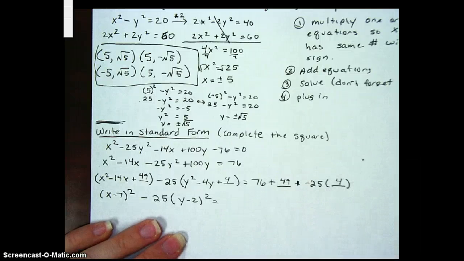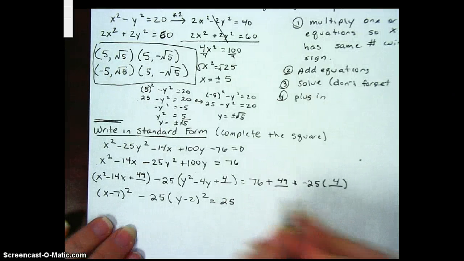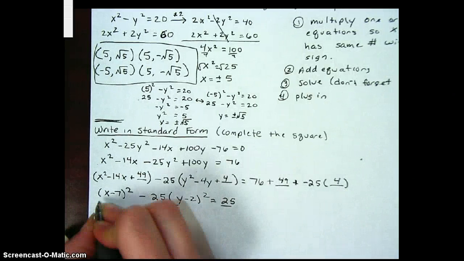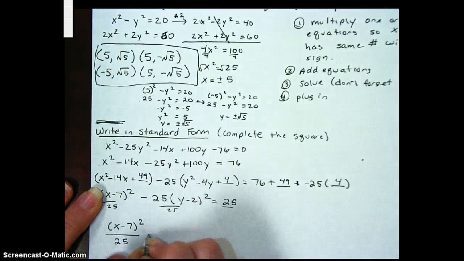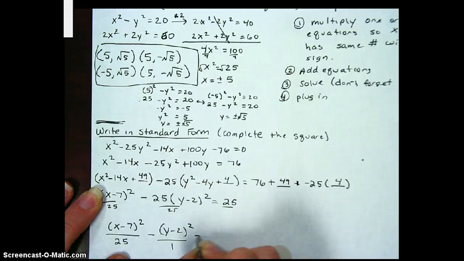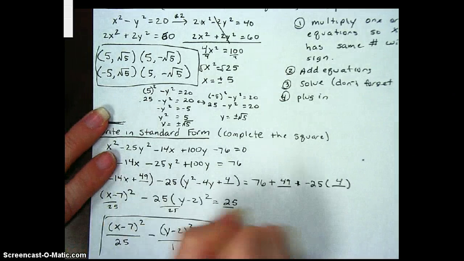Add that to your 76 and 49. When you do that, you end up with 25. Divide everybody by 25, and you end up with x minus 7 squared over 25, minus y minus 2 squared over 1, equals 1. There's your equation in standard form.